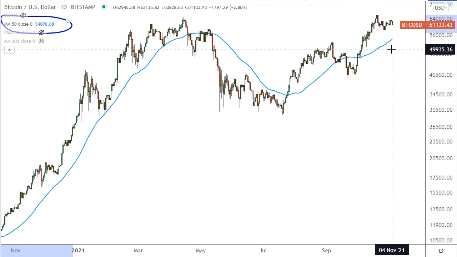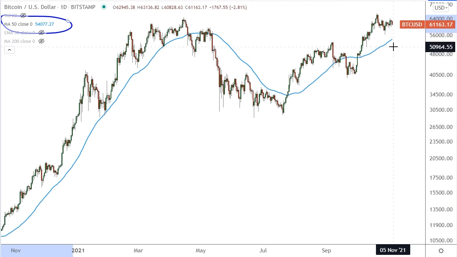What that represents is the last 50 periods on the chart. This is a daily chart, so for the last 50 days, it has taken all of the closing prices, added them up, and divided by 50. So basically it's an average of the previous 50 periods, and right now that average is 54,077.